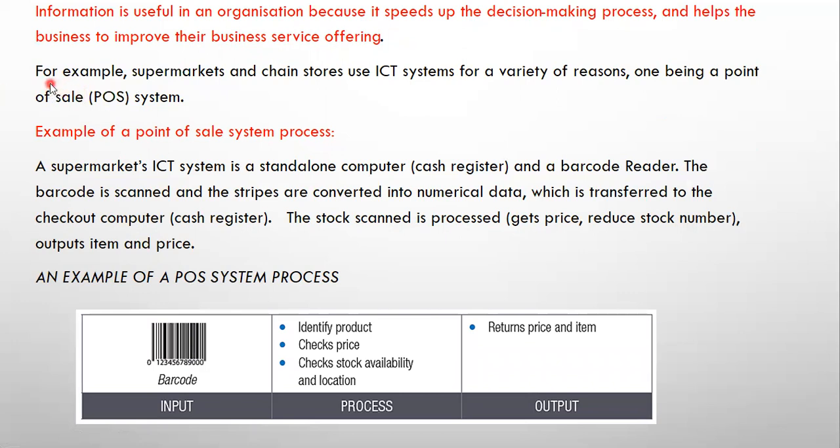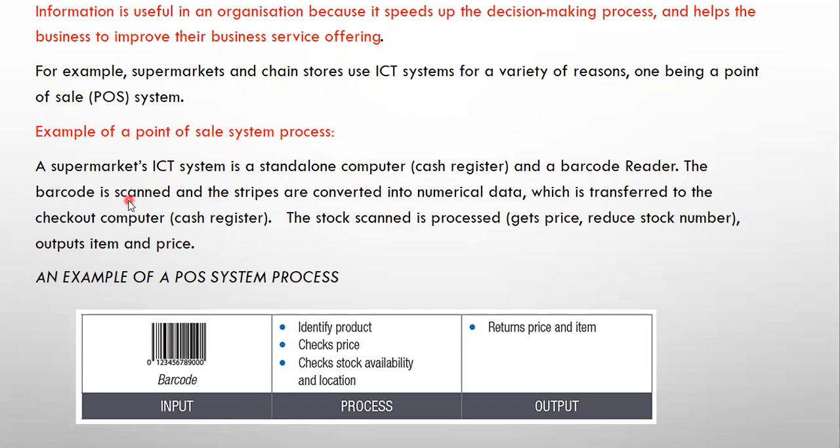Now, for an example of an ICT system, we spoke about supermarkets and chain stores using ICT systems for a variety of reasons, one being a point of sale, a POS system. An example of a point of sale system, a supermarket's ICT system, is a standalone computer, your cash register, and a barcode reader. Right, that's some of the equipment that's used.